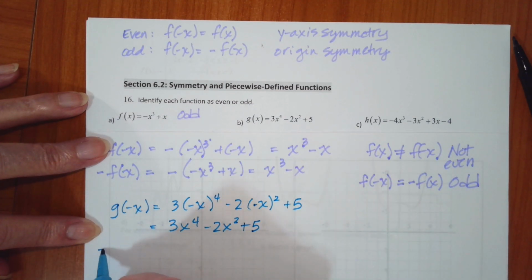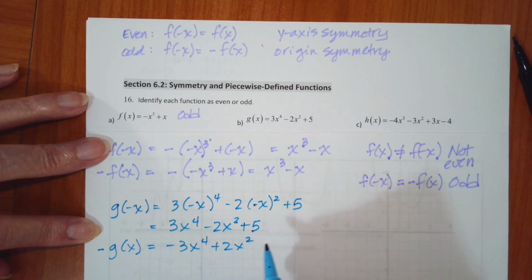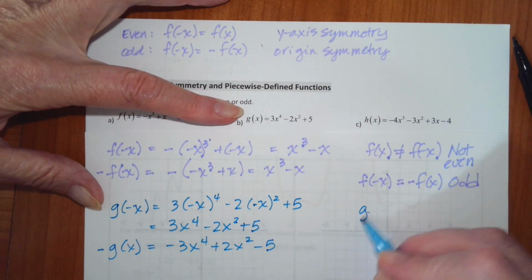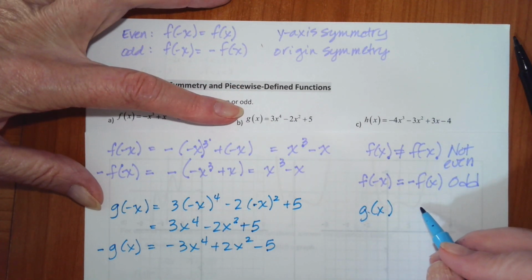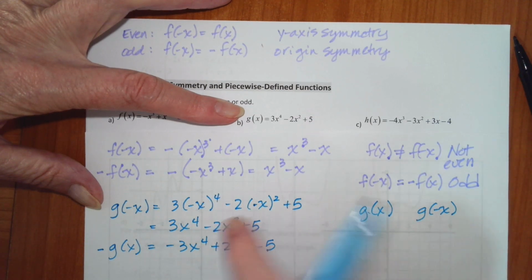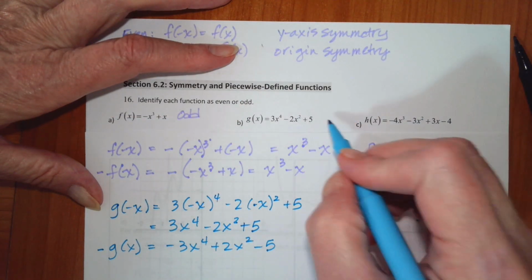Okay. If I look at negative g of x, then that's negative 3x to the fourth plus 2x to the second minus 5. Okay, so let's compare g of x and g of negative x. They are equal, which tells me it's even. So I'm done.